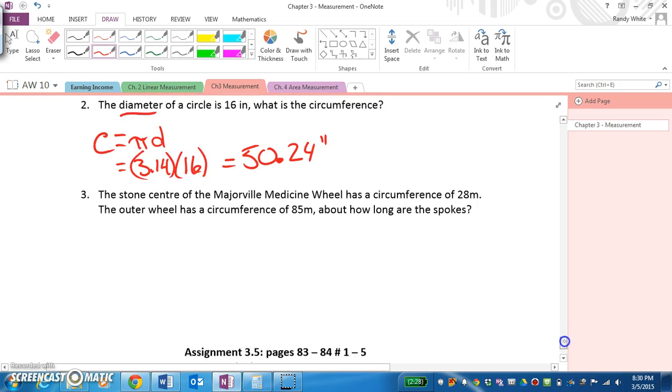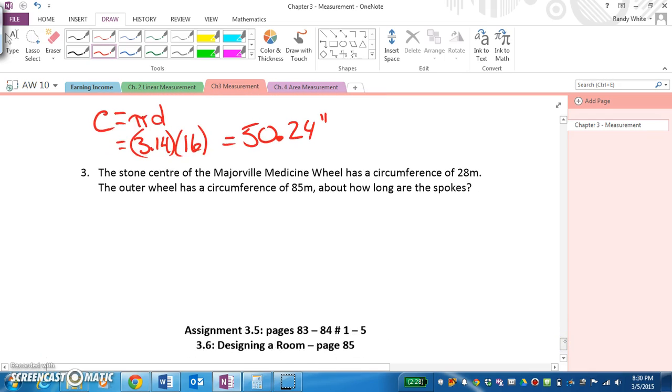Alright, this last one here, it's tricky, so pay attention. So medicine wheel. Let's say it looks like this. Okay, so the circumference of the inner circle is 28 meters. So I'm going to go circumference small is 28 meters. So that's this one inside.